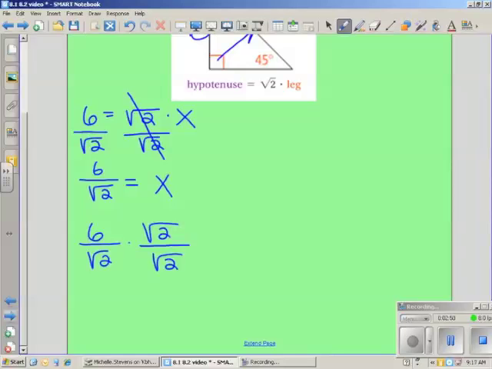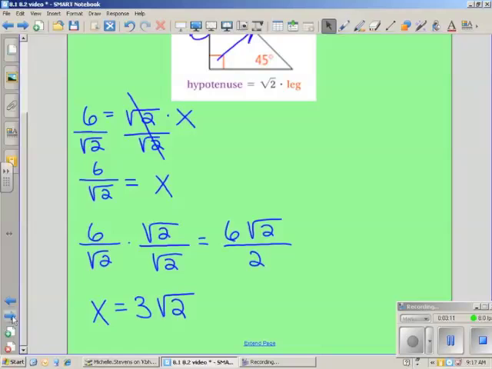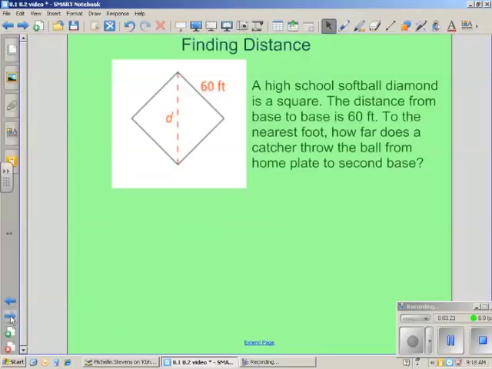Now multiplying straight across, 6 times radical 2 is 6 radical 2, and radical 2 times radical 2 is simply 2. Now we can simplify one more time. We can divide 2 into 6, so x is equal to 3 radical 2. This would be a nice one to write as an example in your notes to remember how to rationalize the denominator.